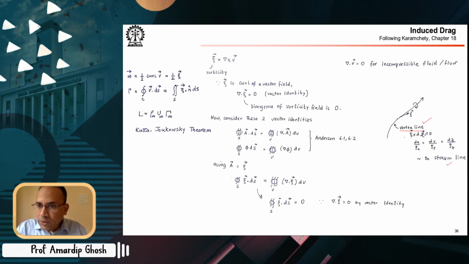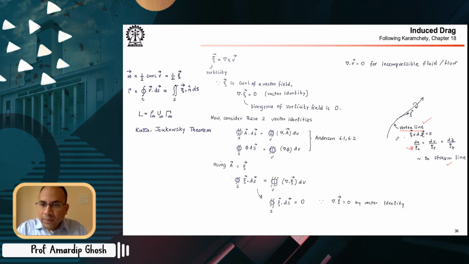The equation is similar to the way you figure out the equation for the streamline. You remember that we did V cross dl equal to 0 to find the equation of the streamline. A streamline is along the local velocity vector, so the cross product becomes 0. On the other hand, for a vortex line, instead of the V vector you now use the vorticity vector, and that leads to a similar kind of equation.